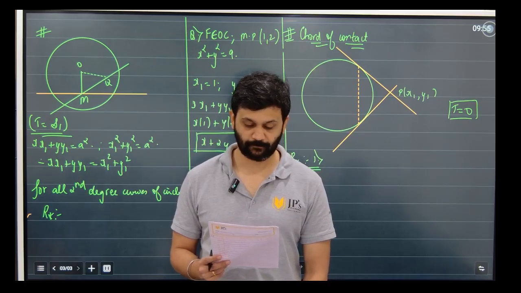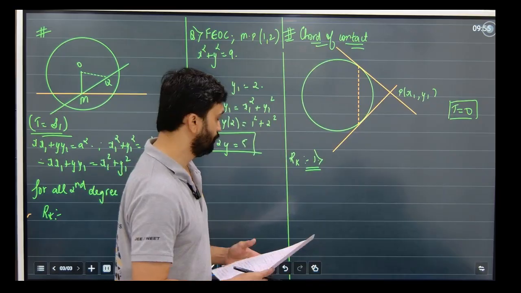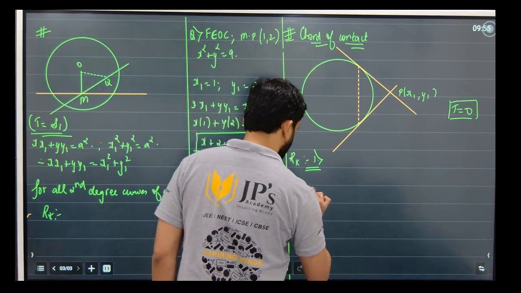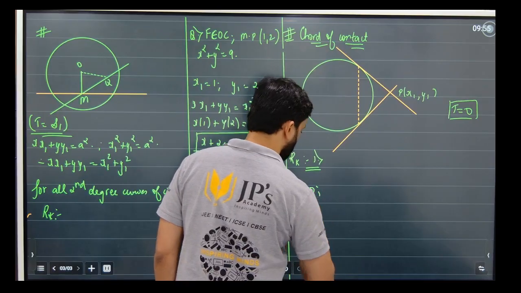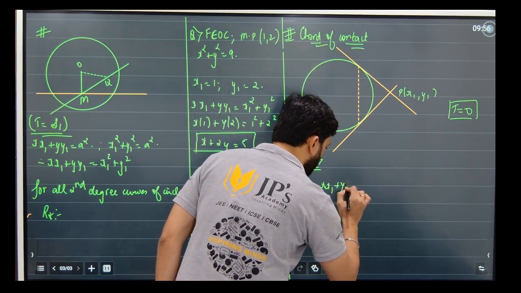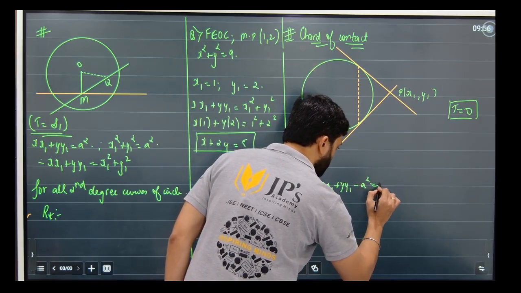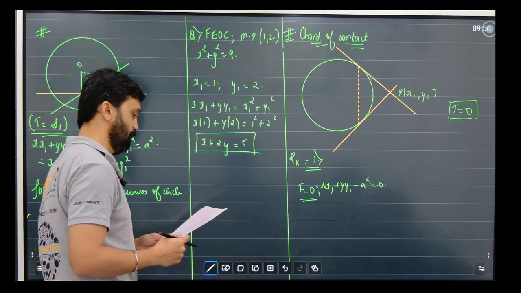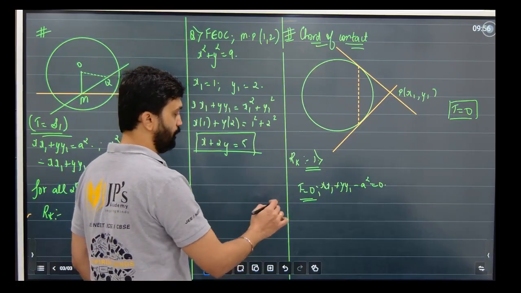Now remember, let's see what T is equal to 0 looks like for the standard form and the general form. For the standard form, x x1 plus y y1 minus a square is equal to 0. This is for your tangent at a point, T is equal to 0.